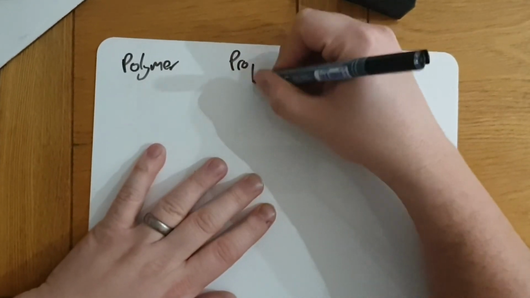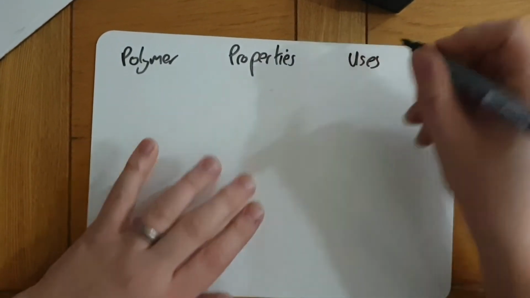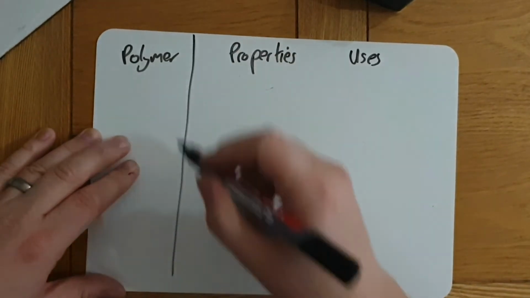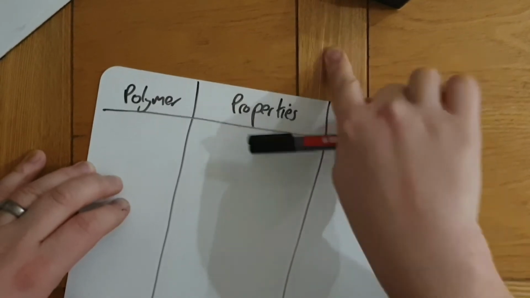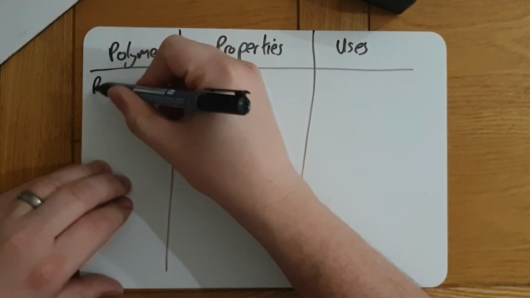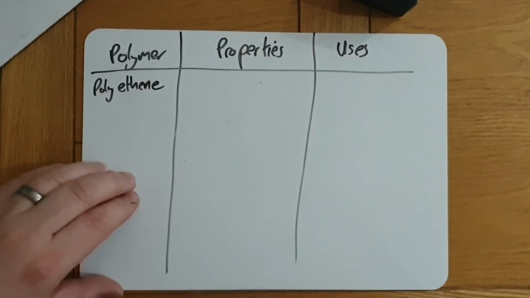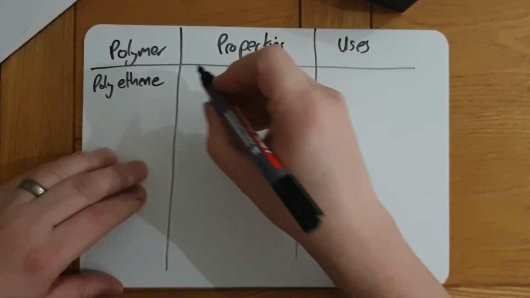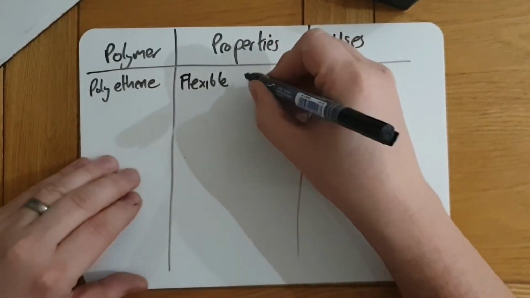So a quick table. So we're going to have the polymer, the properties, and the uses. Just draw on the table, rub that out. Right, so first polymer we looked at was polyethene, and the properties of polyethene: it's flexible, it's cheap.